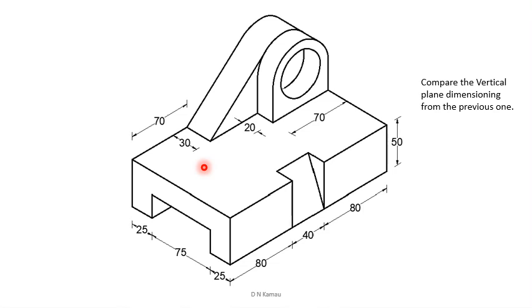If you look at the horizontal dimensions, most instances of the horizontal dimensioning will fall inside the diagram. These are horizontal, it is inside the diagram. This is horizontal inside the diagram. This is horizontal dimensioning inside the diagram.